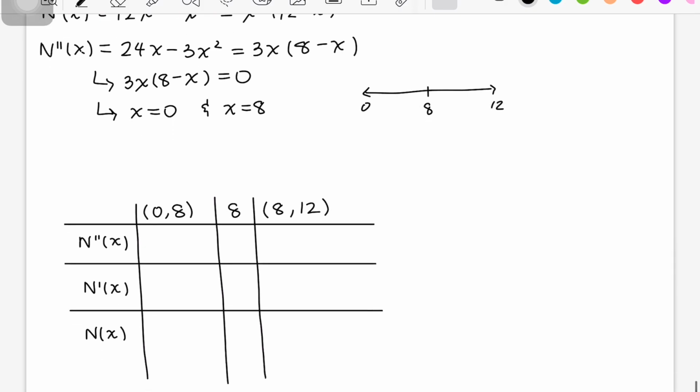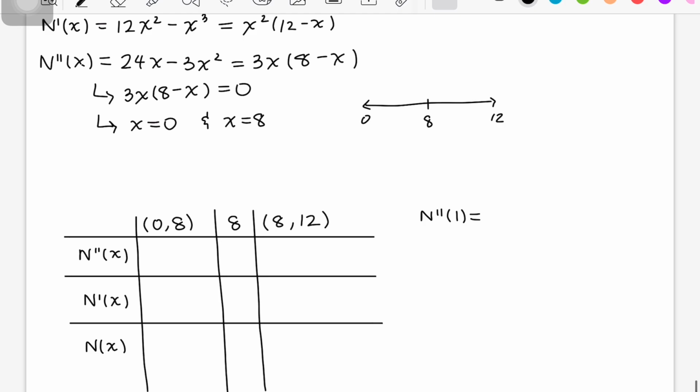So we'll look at numbers in our first interval, 0 through 8. Just plugging 1 into our second derivative, we're going to get 3 times 7. So this is going to be a positive number. And this tells us over this interval, our first derivative is going to be increasing, and our function is going to be concave up.